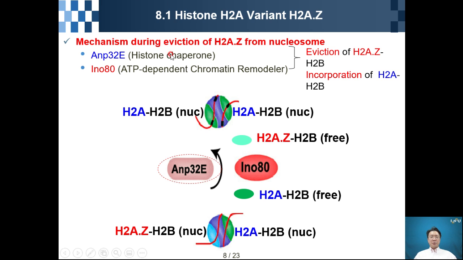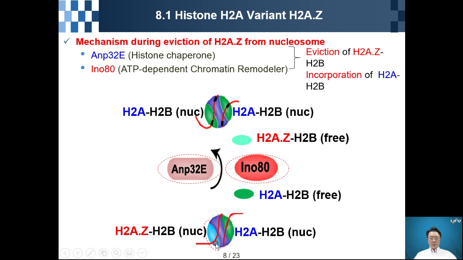The other protein is INO80, an ATP-dependent chromatin remodeler. It will also loosen the nucleosome structure. Then eviction of H2AZ H2B happens. This is the H2AZ H2B, located in the nucleus.